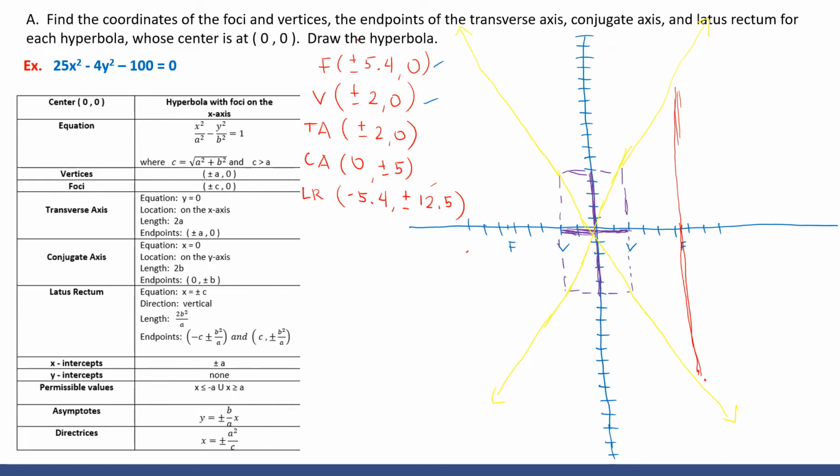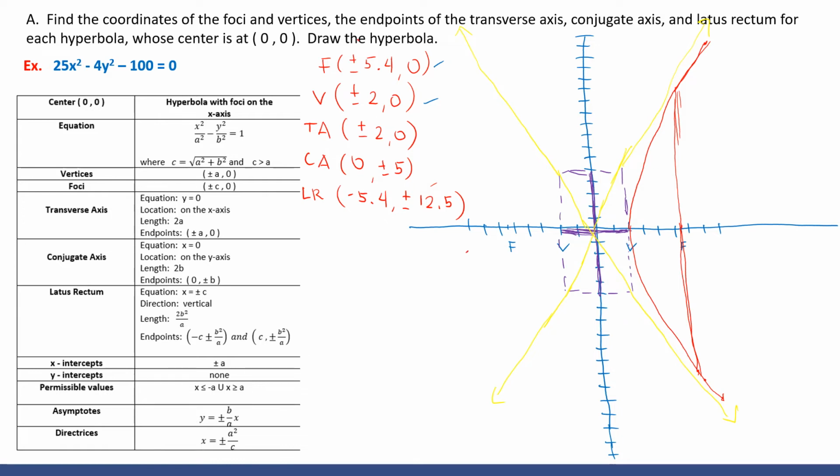And from the vertex, connect so that you can draw one of the branches dito sa ating hyperbola. And again, getting closer and closer to your asymptote only, but do not intersect. Sa kabilang side, the same. So from your focus, bilang ka ng 12.5 units, for example.